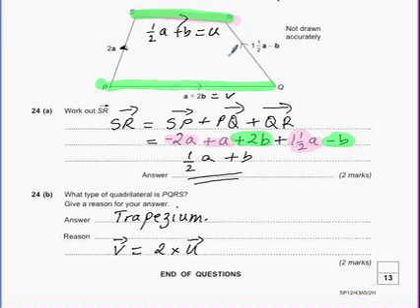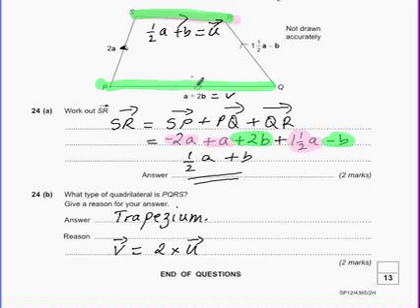Basically, just to take you through that one more time, how do we prove that these two lines are parallel? Well, we look at the two vectors for that line, and what you should notice is that one of them is twice as big as the other. Now, when you're doing your exam, it might not be twice as big, it might be something else, so you have to figure out how much bigger it is.